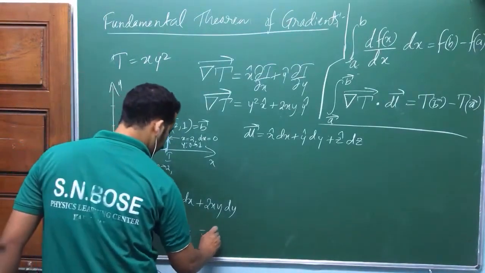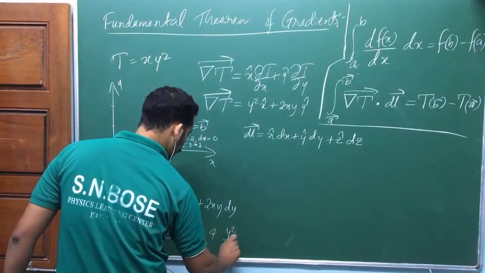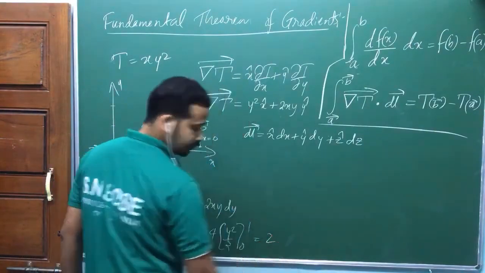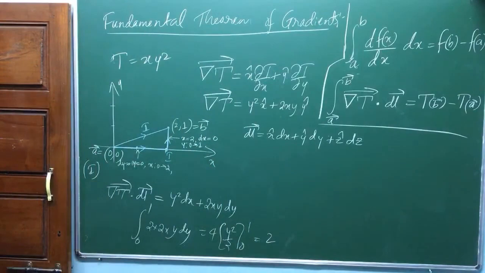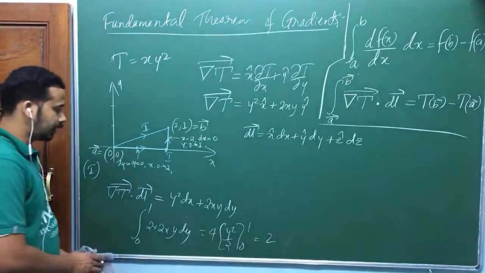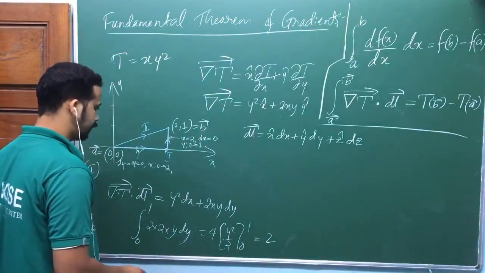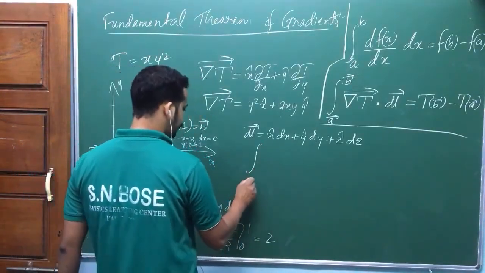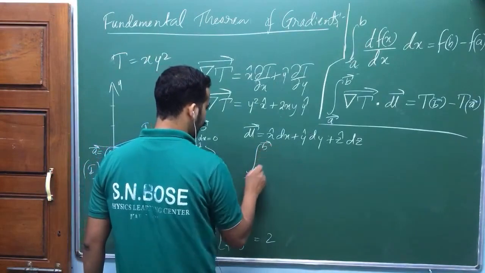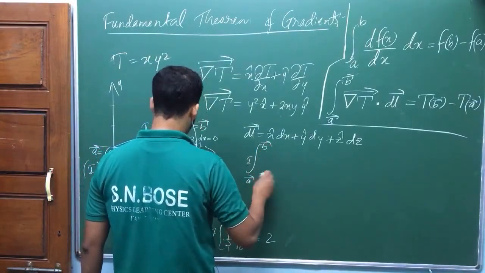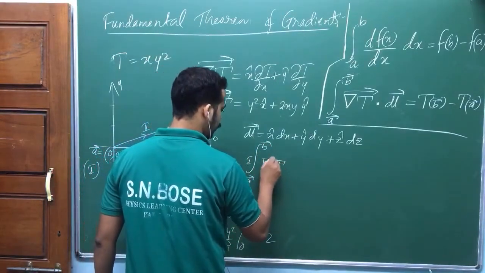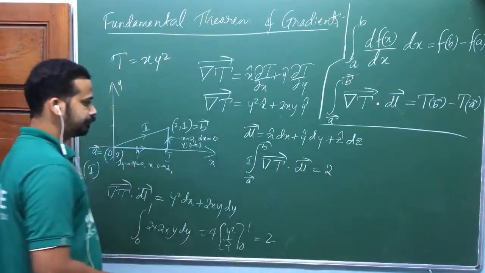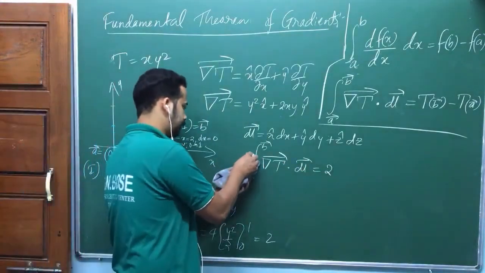What is this one? 4y square by 2, from 0 to 1, is equal to 2. Check this out. So the total line integral along the first path from A to B of gradient of T dot dl is equal to 2. That's what I got. Am I right? Speak out for the first path.